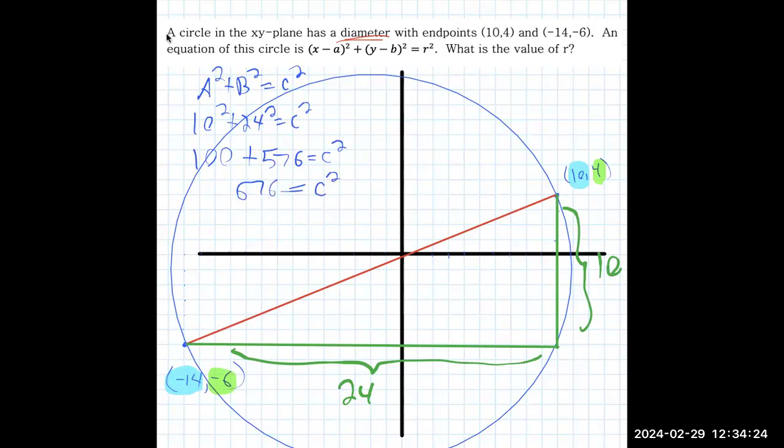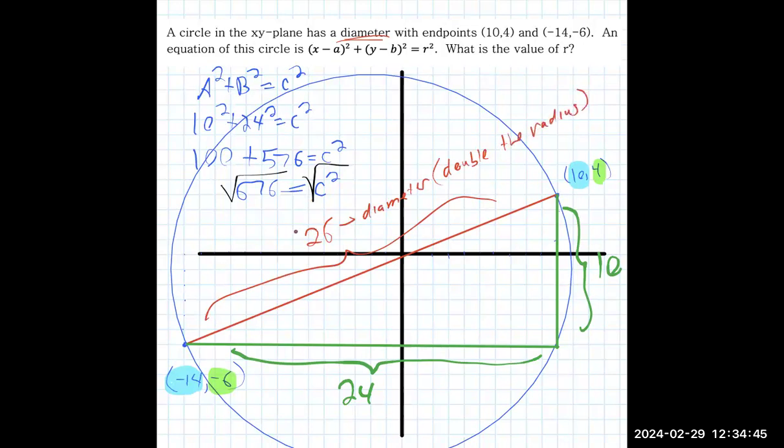And if we take the square root of both sides here, we're going to get 26 for the length of the diameter.